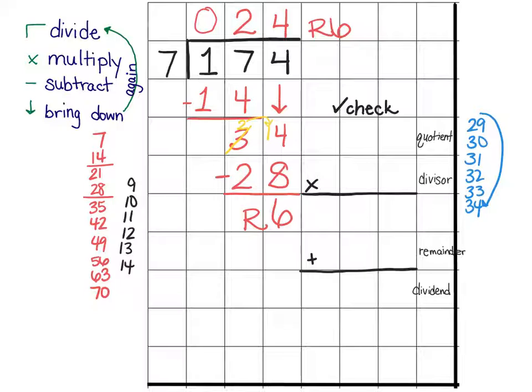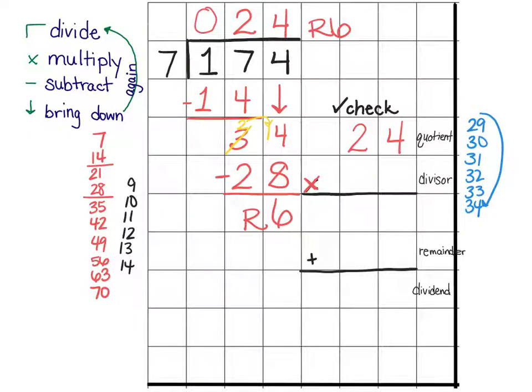Now it's time to check our work. Start with your quotient. Our quotient, our answer, was 24. 24 times the divisor of 7.